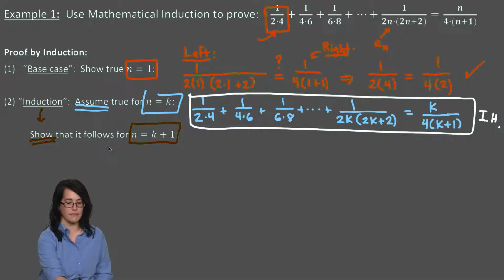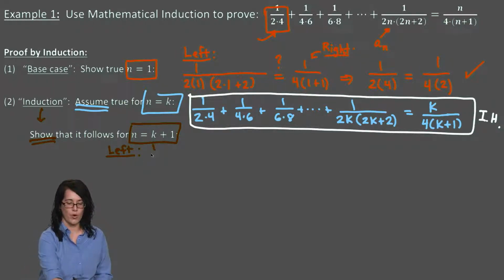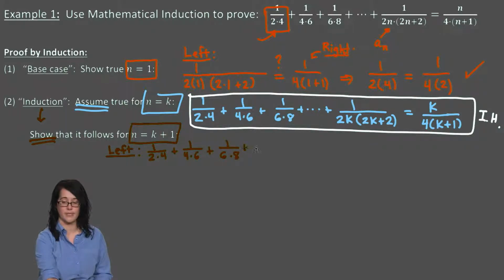On the left side, for example, we would have the following. We would have 1 over 2 times 4 plus 1 over 4 times 6 plus 1 over 6 times 8 plus dot, dot, dot. I'm going to be a little bit clever here and leave some space if you don't mind.